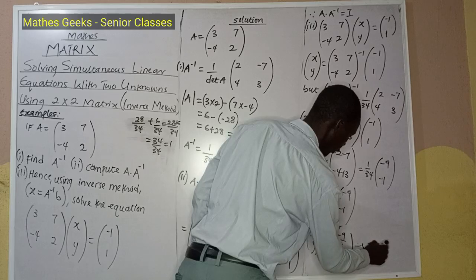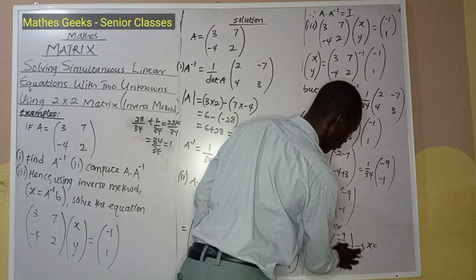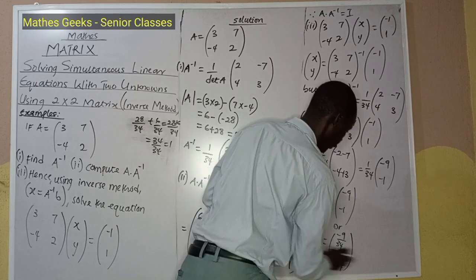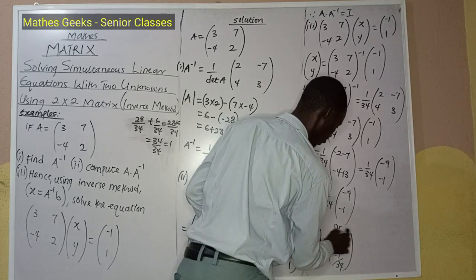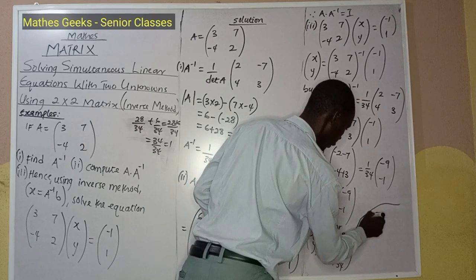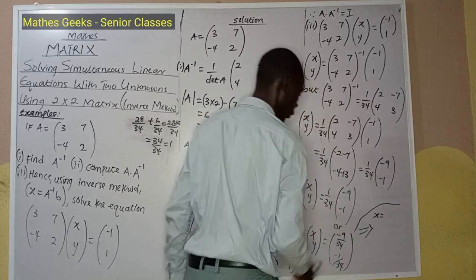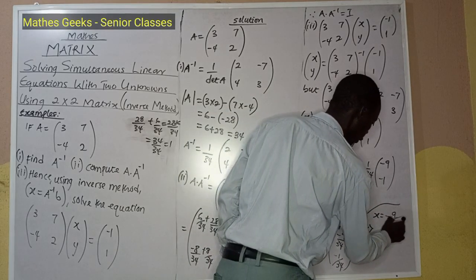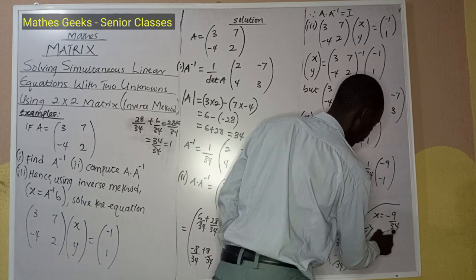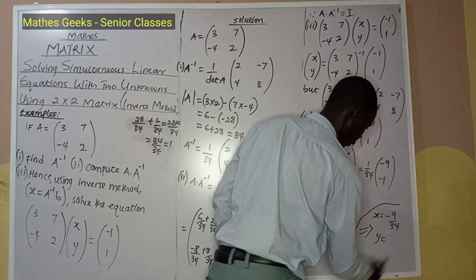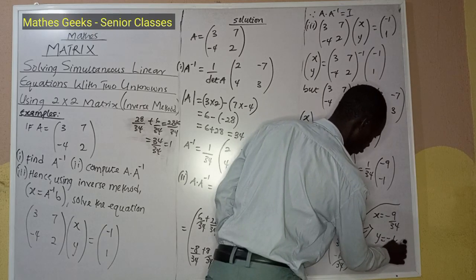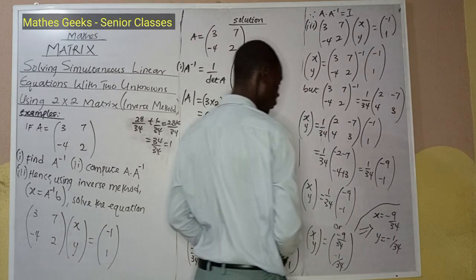Which implies that x is equal to -9 over 34 and y is equal to -1 over 34.